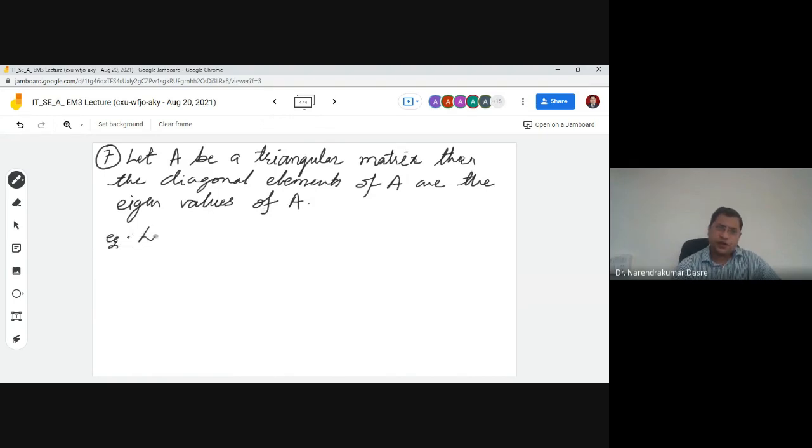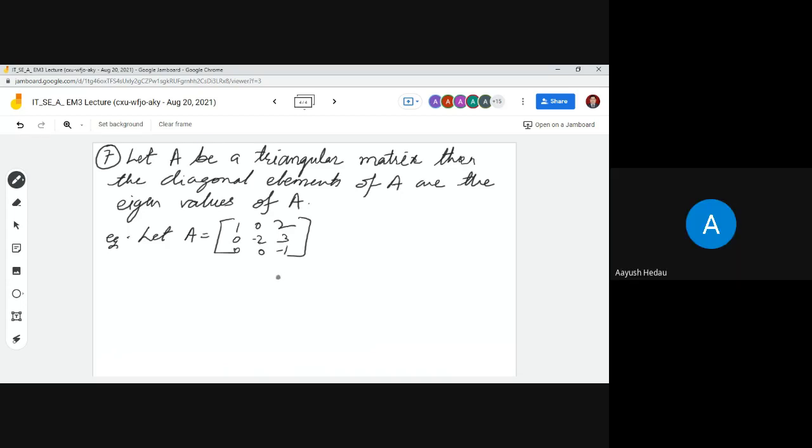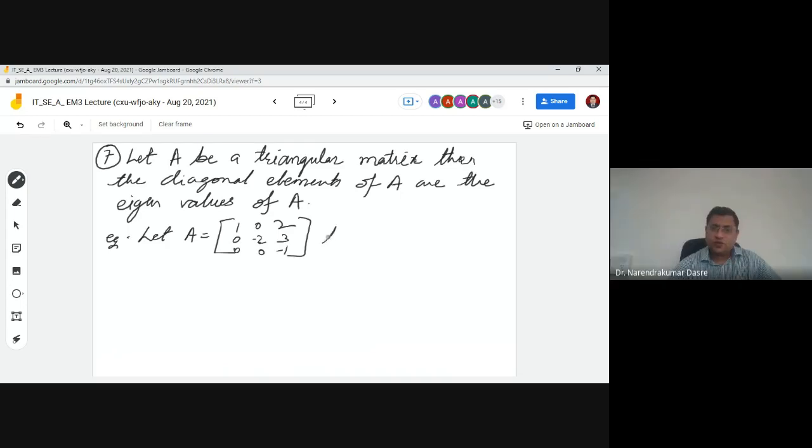Okay, so for example, let A be equal to the matrix with rows 1 0 2, 0 minus 2 3, 0 0 minus 1. What kind of matrix is it? Is it a lower triangular matrix or an upper triangular matrix? Upper. It is an upper triangular matrix of order 3 by 3.